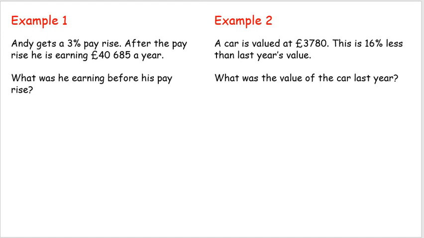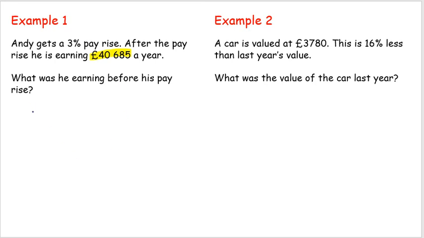So, again, we're going to consider his initial pay as being 100%. So this new pay we're told he has, this is after his 3% pay rise. So think to yourself, what percentage does that 40,685 represent if he's had a 3% pay rise?